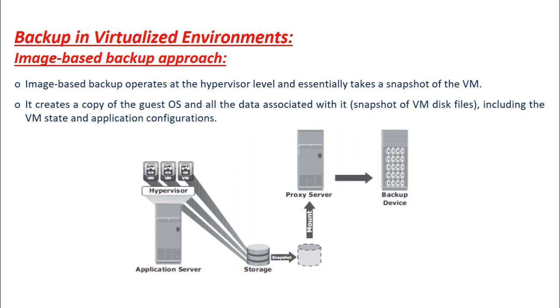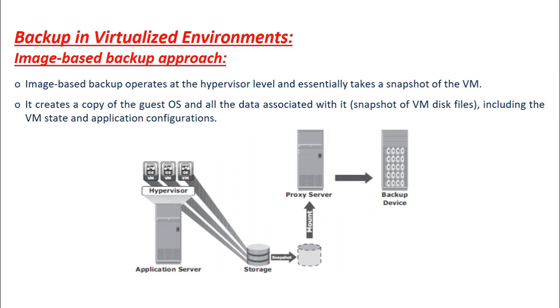Image-based backup operates at the hypervisor level and essentially takes a snapshot of the virtual machine. It creates a copy of the guest OS and all the data associated with it. That is a snapshot of the virtual machine disk files, including the virtual machine state and the application configurations.